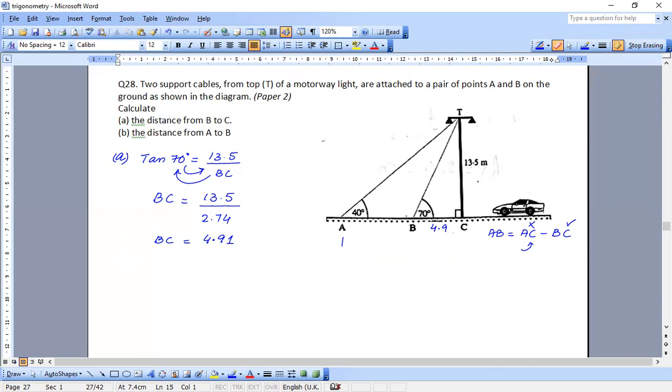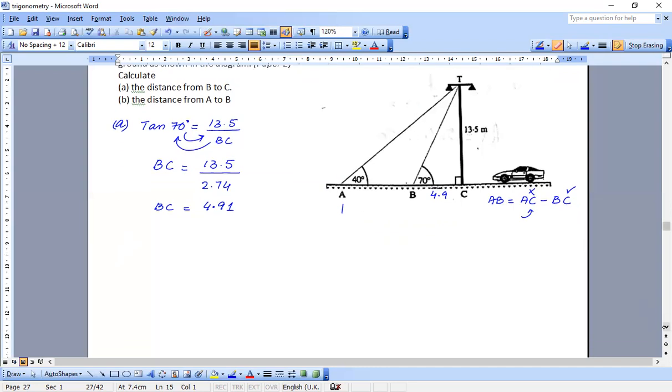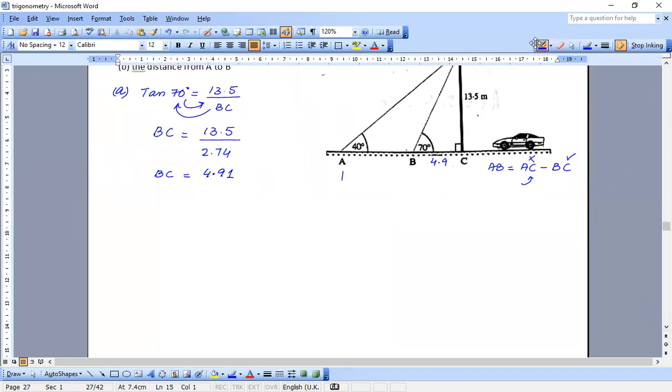So in part B, we are going to use again the same trigonometric ratio, tangent, but this time the angle is going to be 40. Tangent 40 equals opposite, which is 13.5, upon adjacent, which is AC. So AC is going to be 13.5 divided by tangent 40.